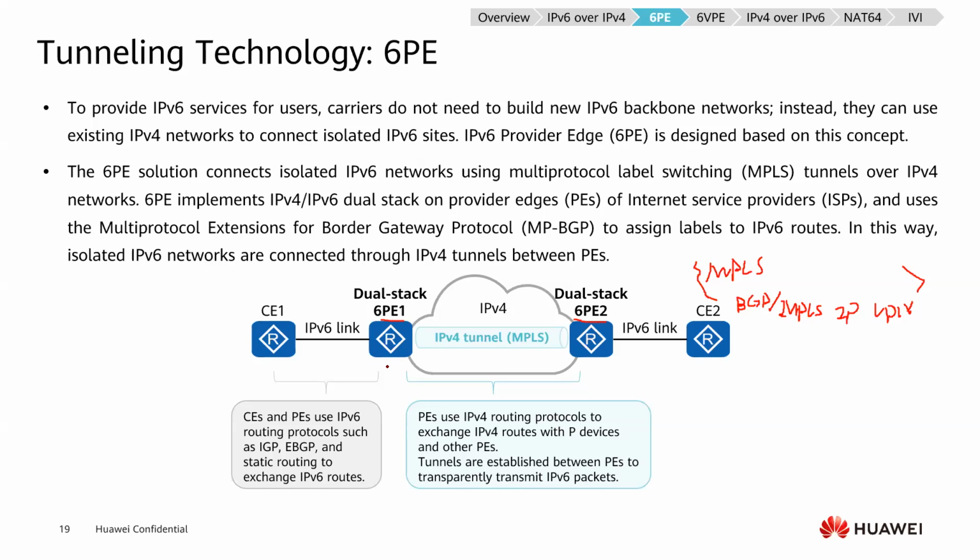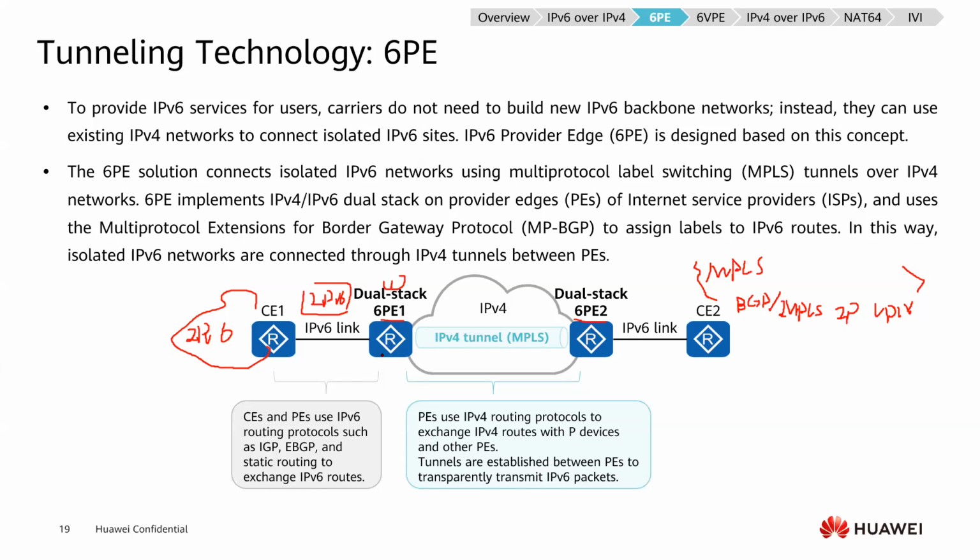For the CE in the IPv6 network, it will send an IPv6 packet to the 6PE just by IPv6 routing, such as IGP, OSPF version 3, IS-IS or BGP4+, sent to 6PE1.